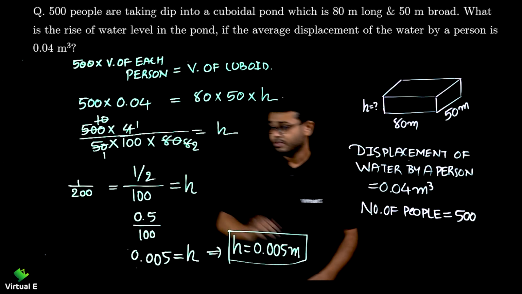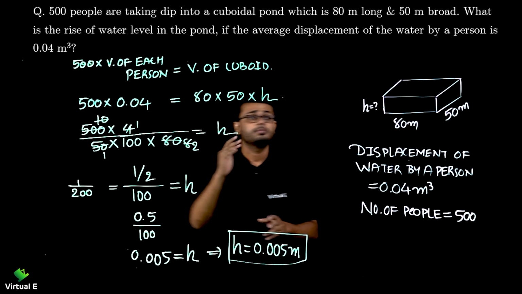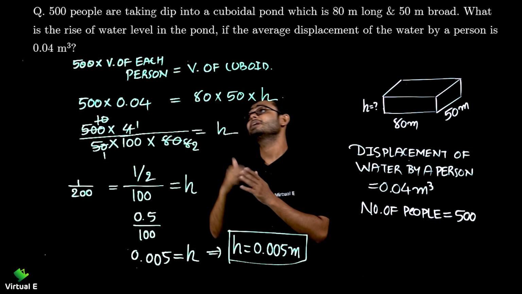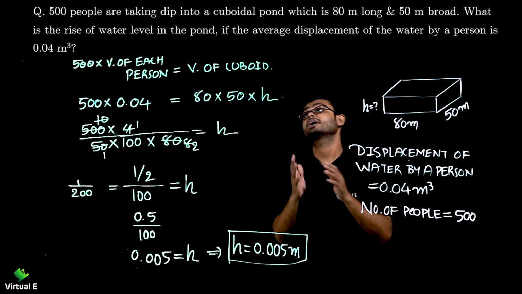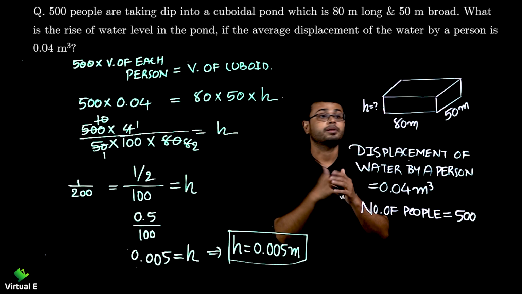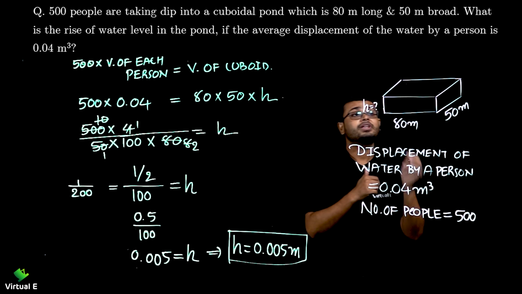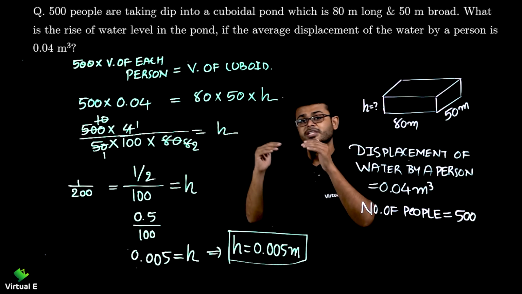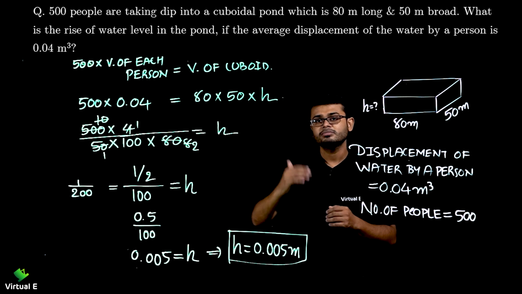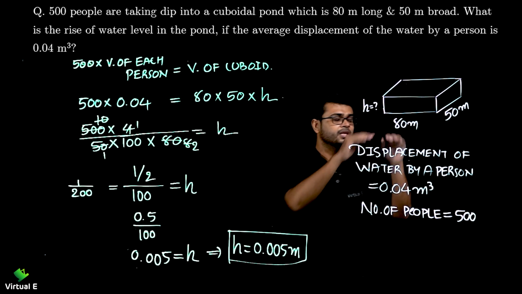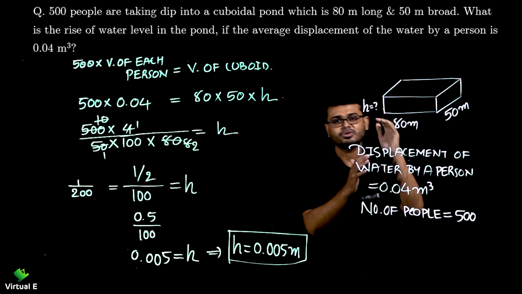So it is a very simple question, similar to the previous one. Let's recall the steps. It is given there are 500 people going into the cuboidal pond, and if they go inside, obviously the water level will rise because volume will be added into the system. So the volume increases, and obviously the height will increase because length and breadth are fixed.